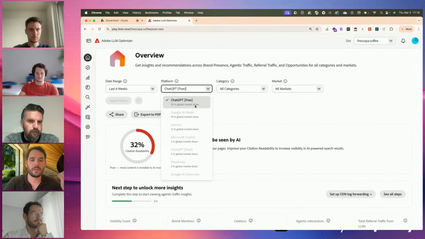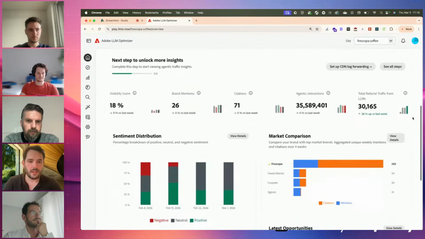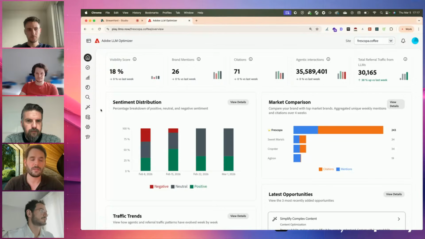For the demo, we only have ChatGPT 3, but you can see that we have a bunch of other platforms which are available in paying mode, which you can get when you get access to the tool. When we go a bit below, we'll get back to those numbers in more detail in the dedicated views, but you will have a lot of different insights, which we track week over week or day over day, depending on what type of access you have to LLM Optimizer.